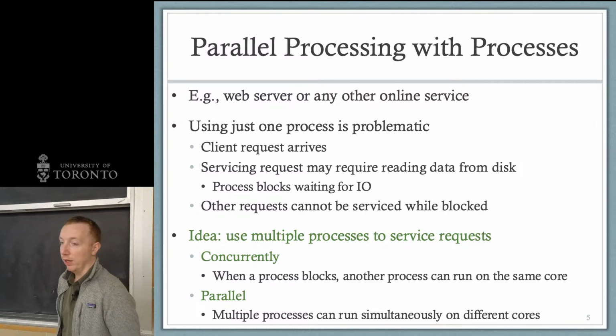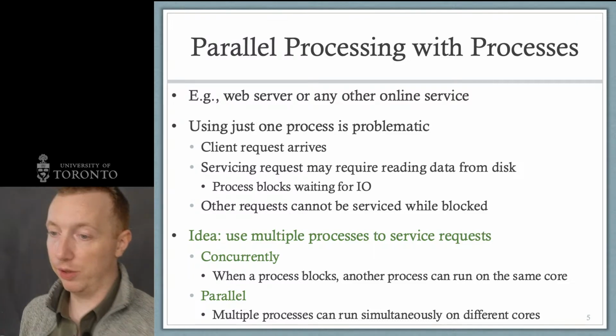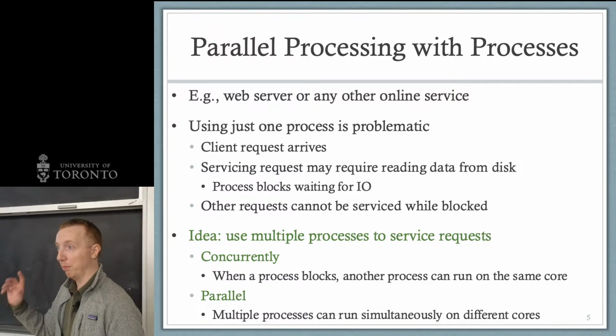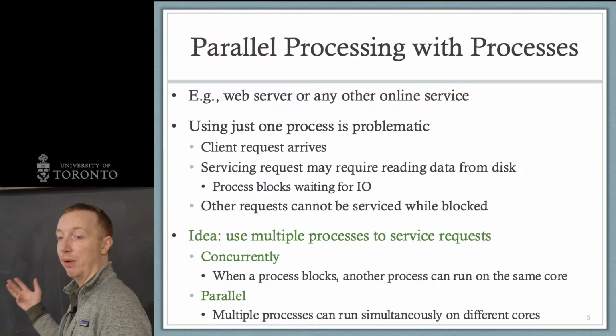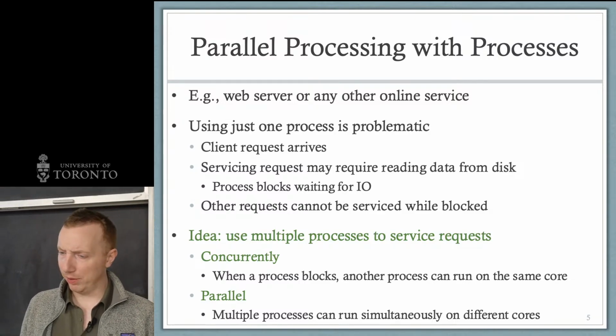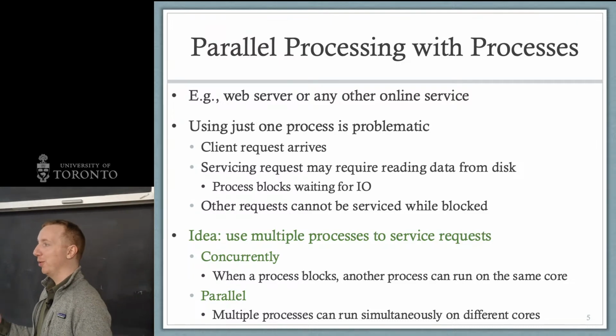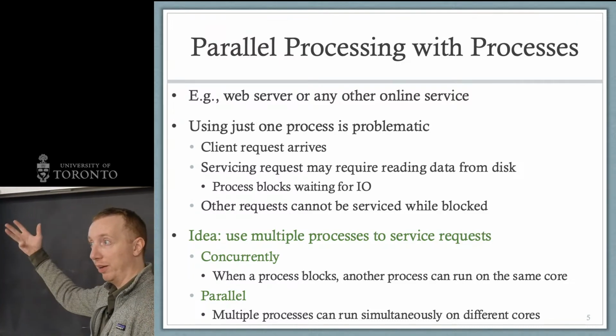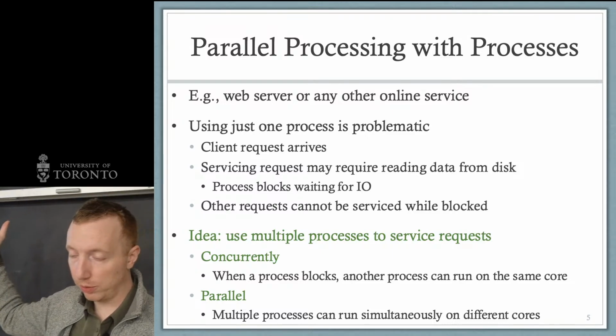So some parallel processing you can do with processes. A web server or any other thing can do that because using one process is problematic. Client request comes in. Everyone remember user threads and kernel threads? So I guess this is referring to user threads.